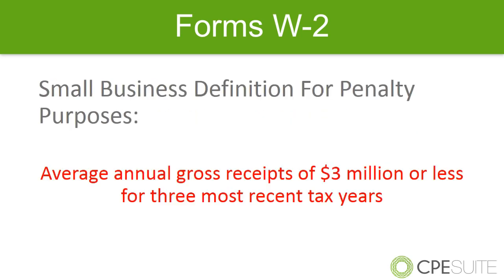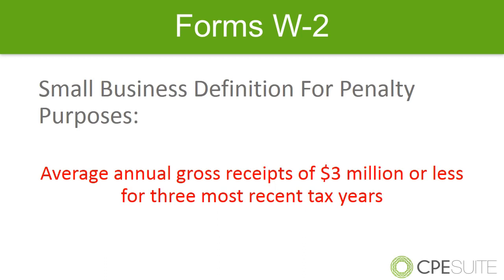What is the definition of a small business for purposes of W-2 penalty purposes? The IRS looks at a 3-year look-back period and averages the annual gross receipts during those 3 years. And it's for the 3 years ending the calendar year in which the W-2s in question are being discussed.